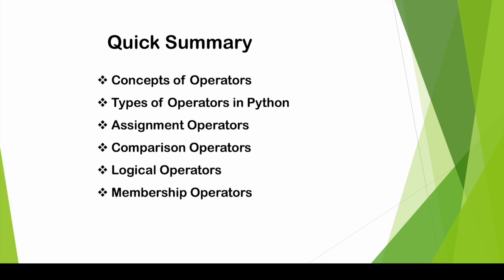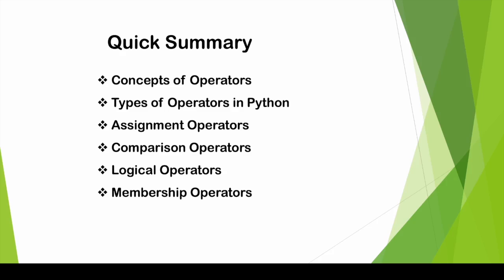We looked into all the nitty-gritty details of the operators in Python. Let's have a quick summary. We started with the concept of operators, and then we saw the different types of operators in Python. Then we discussed assignment operators with examples in programming. Then we looked in detail at comparison operators, how they are used and their importance in programming, like equal, not equal, greater than, less than, greater than or equal to, less than or equal to.